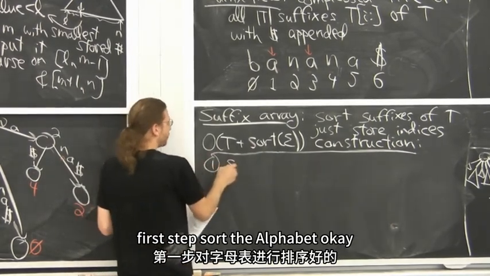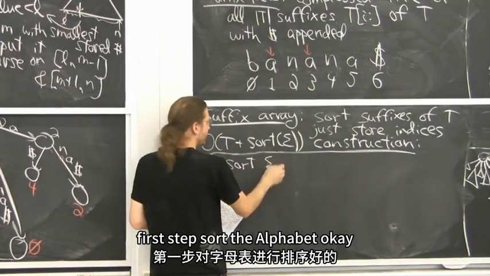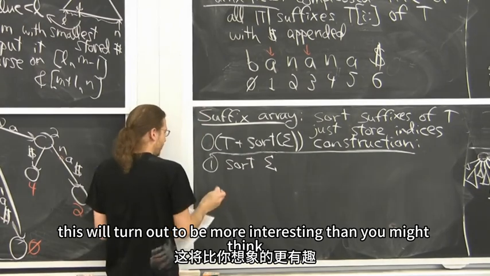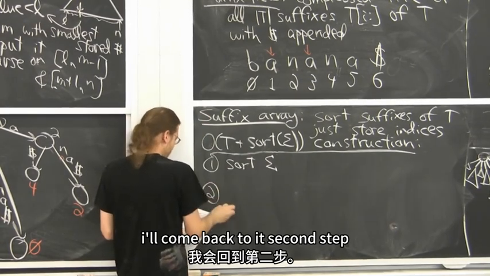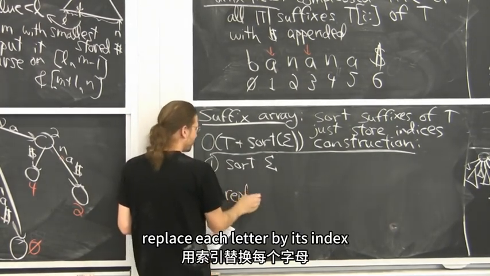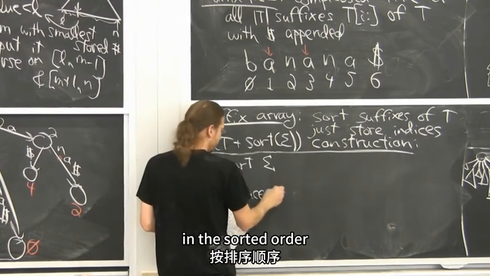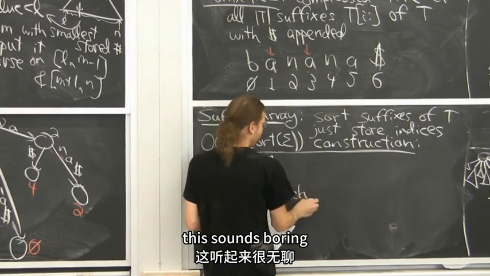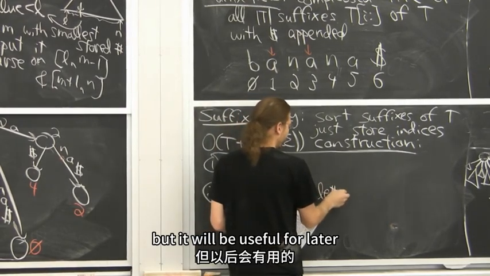First step, sort the alphabet. Okay, this will turn out to be more interesting than you might think. I'll come back to it. Second step, replace each letter by its index in the sorted order. This sounds boring, but it will be useful for later.